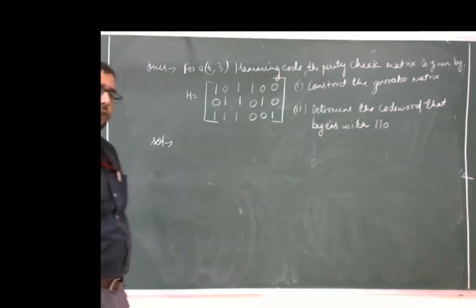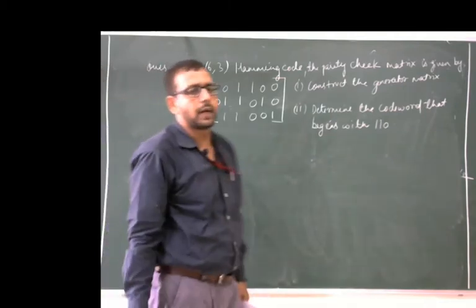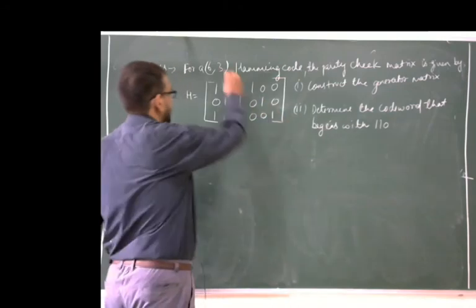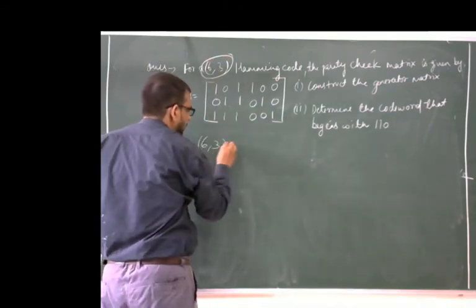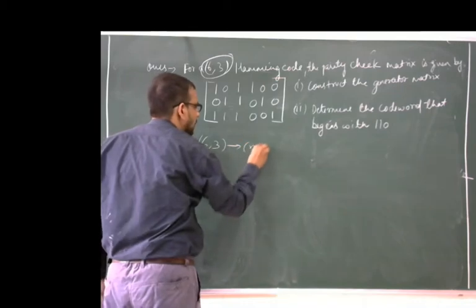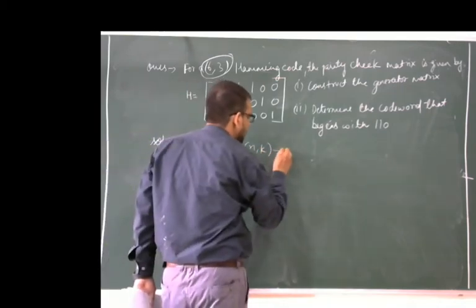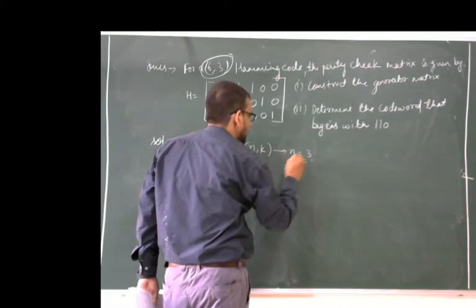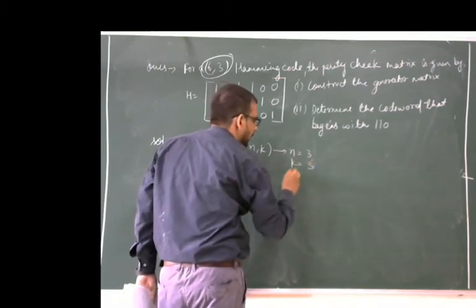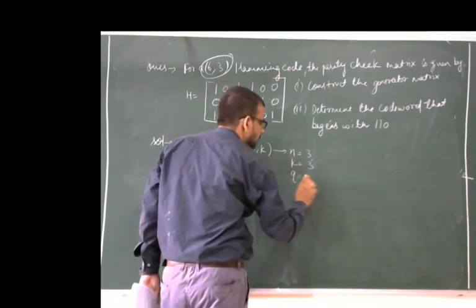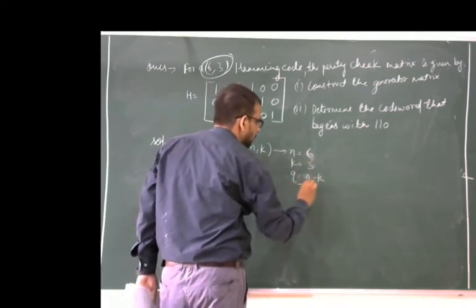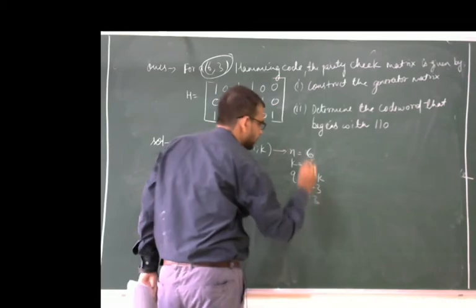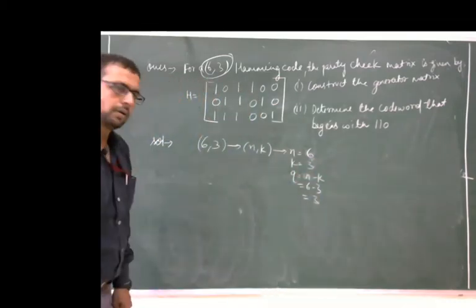First of all we have to calculate the parameters. Comparing (6,3) with (n,k), we get n is equal to 6 and k is equal to 3. Another value, n minus k is equal to 6 minus 3 is equal to 3.